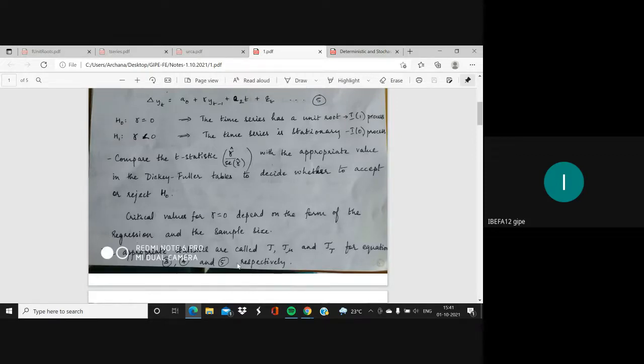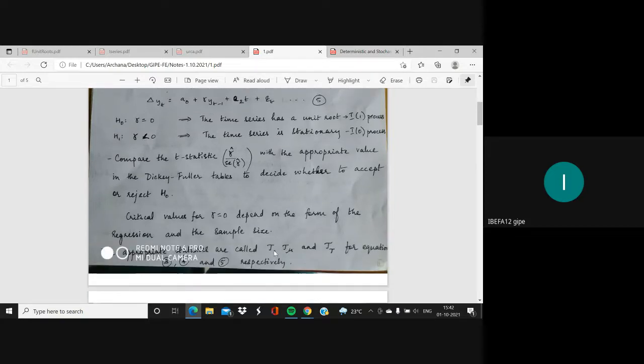Now, the appropriate test statistics are called tau, tau mu and tau tau. If you're testing the null hypothesis of non-stationarity using model 3, then you'll compare it with the tau statistic.